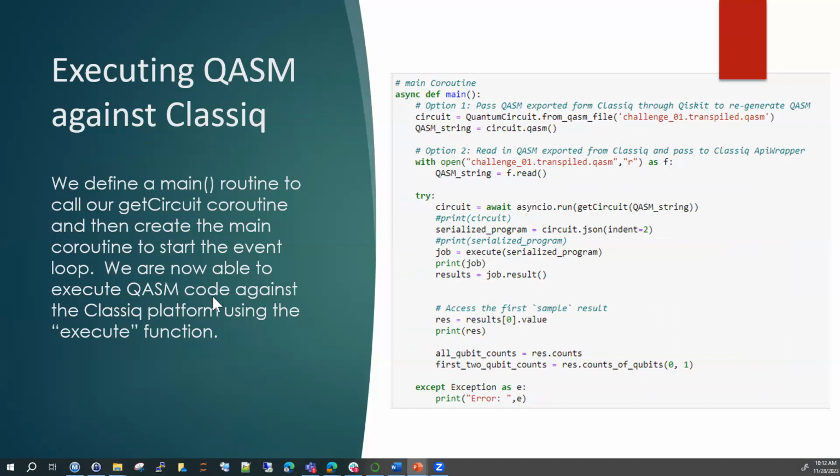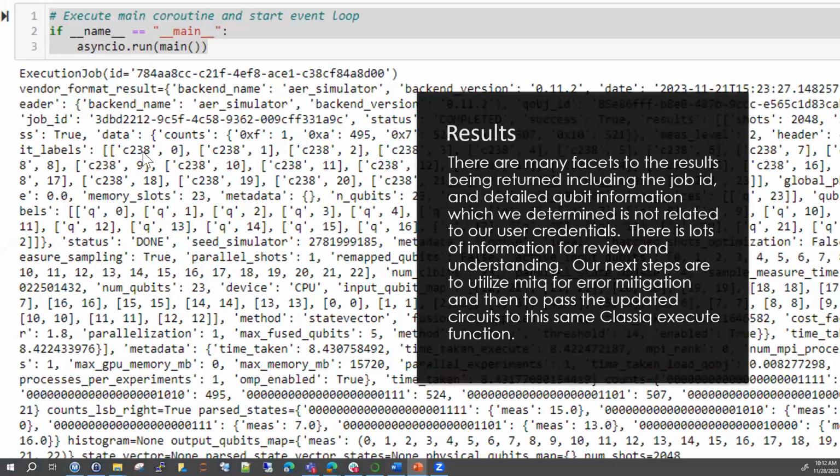So now we can execute the QASM code against the Classiq platform using the execute function, which you see here. Now the results that we were able to retrieve, we're still going through them, but essentially there are many facets to the results. This is a huge piece of data, but we're able to get all kinds of information back out from Classiq, or the Classiq platform.